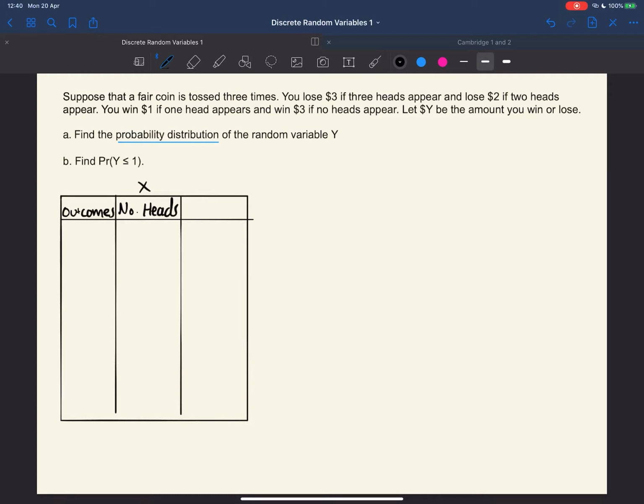Well, you can flip a coin 3 times and get 3 heads. What combination of heads and tails will generate 3 heads? There's only one. It's heads, heads, heads. There's no other combination of flipping a coin 3 times where you get 3 heads. That's it. So I'm going to rule that off.